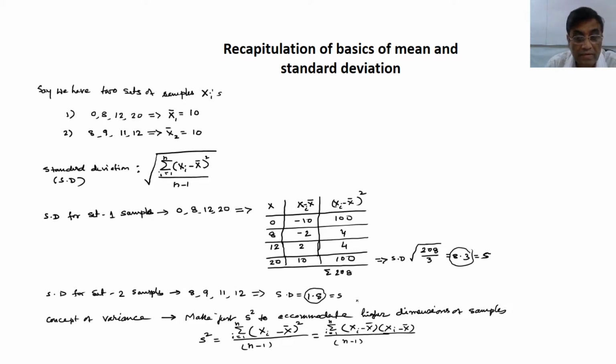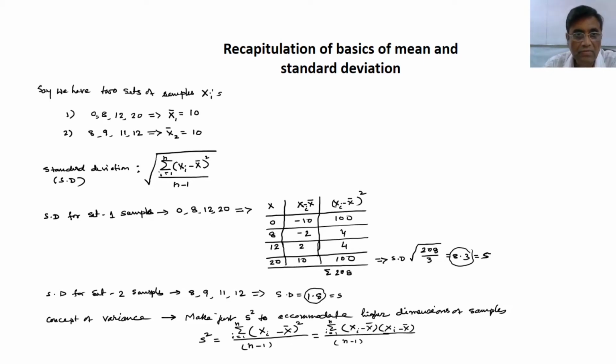But then, by taking the square of the standard deviation, we create another parameter and call it variance. You know why we do that? Because we would like to accommodate higher dimensions of samples.